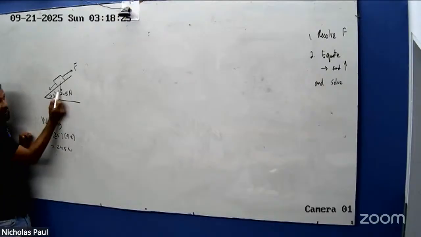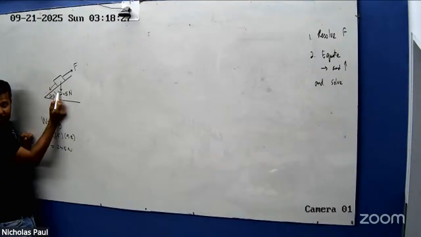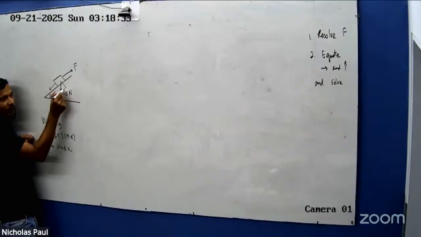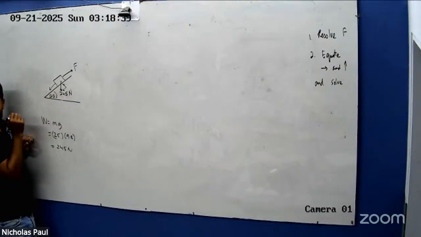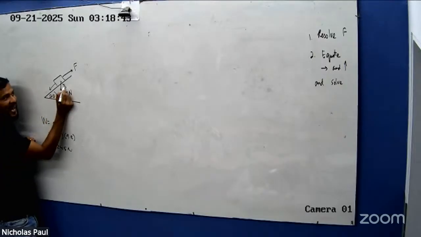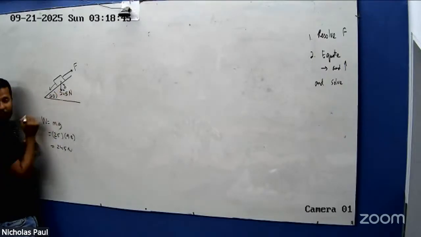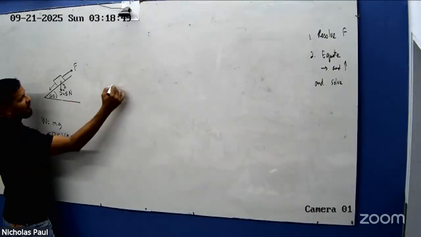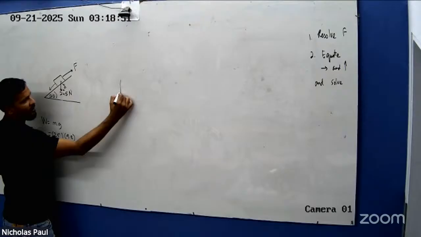This force has two components. One component acting into the plane and one component going down the plane. So there's one perpendicular to the plane and one parallel to the plane. This angle here is 90 degrees. I join it back here for you so you will see it.